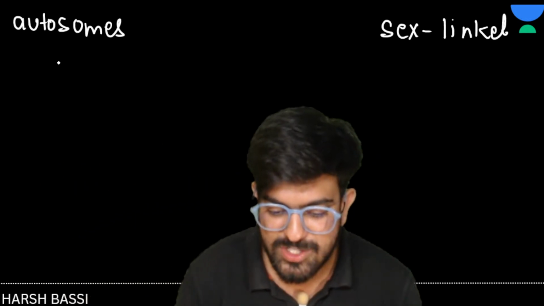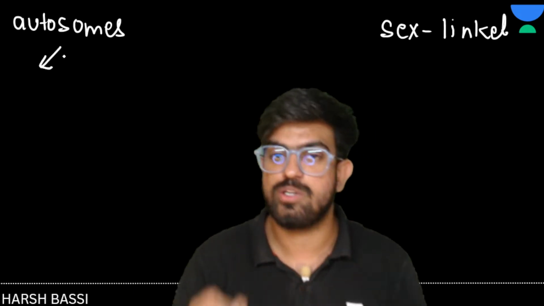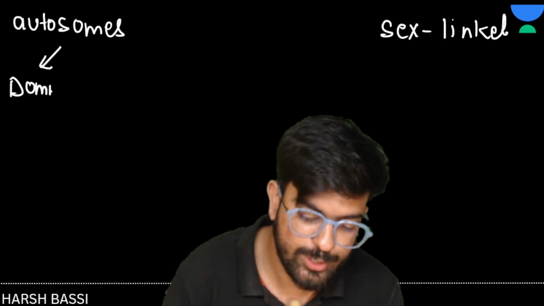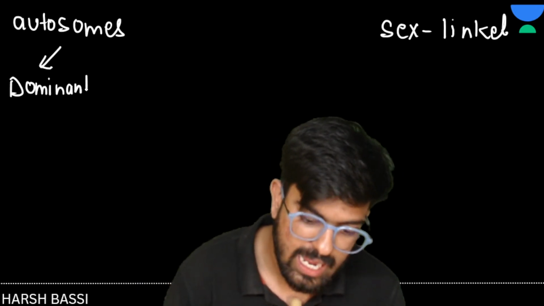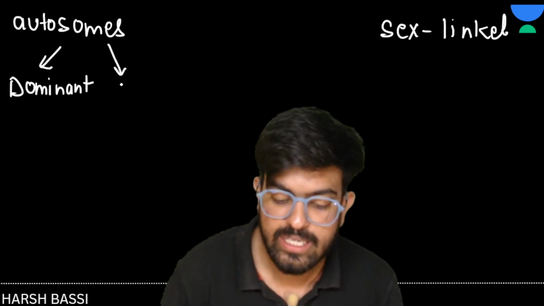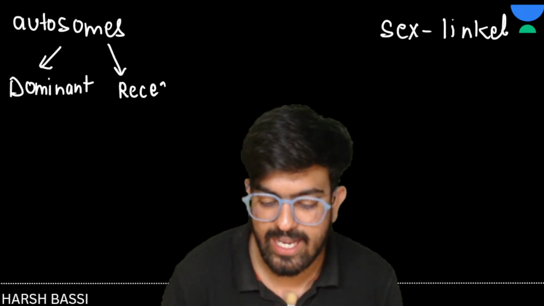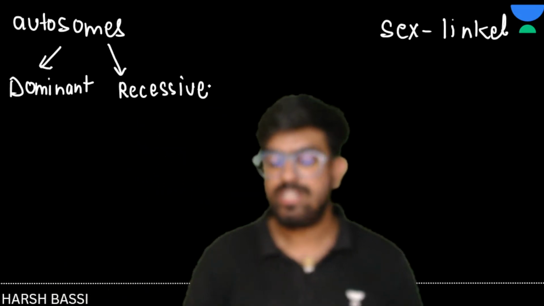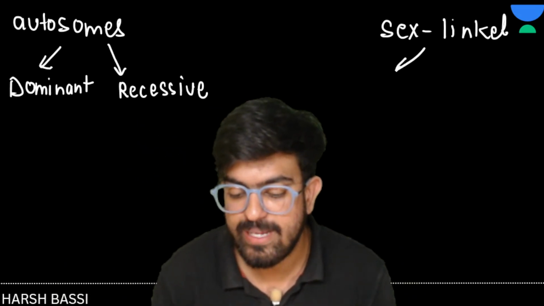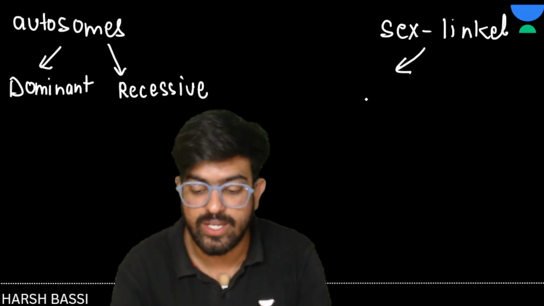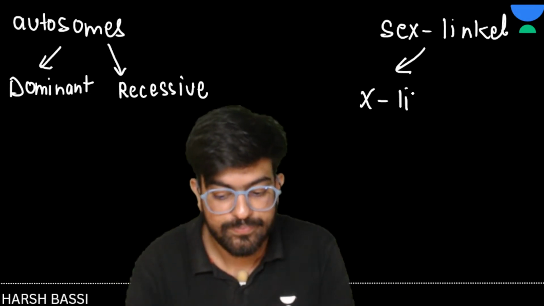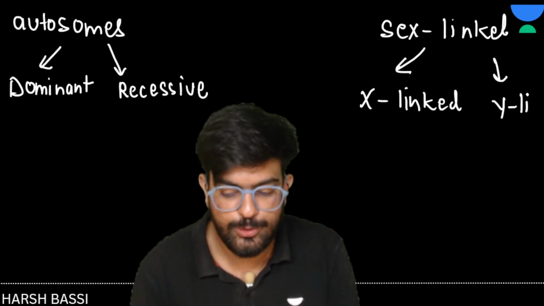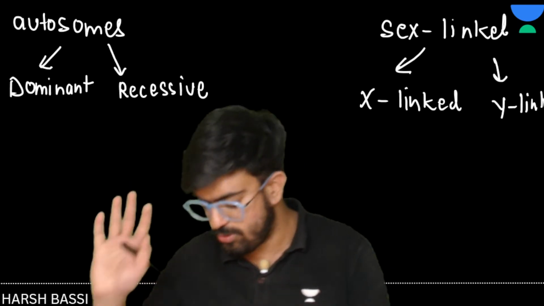Now in autosomes also, we will be having 2 cases: dominant and recessive. Next, in sex linked, what we will be having? Whether it is X linked or Y linked. Yes or no? Just this you have to remember.